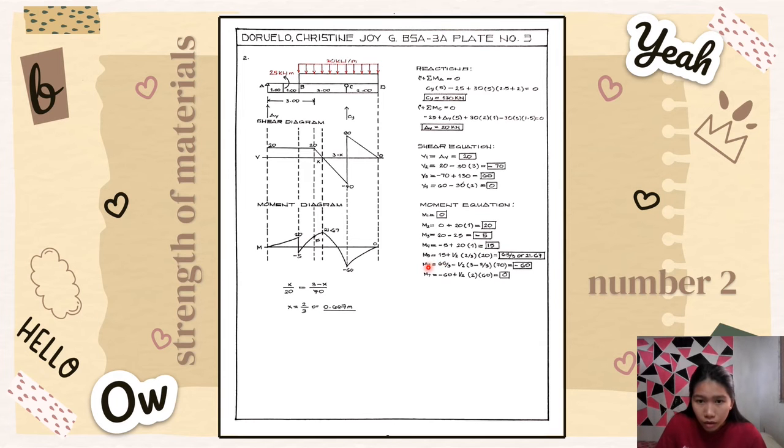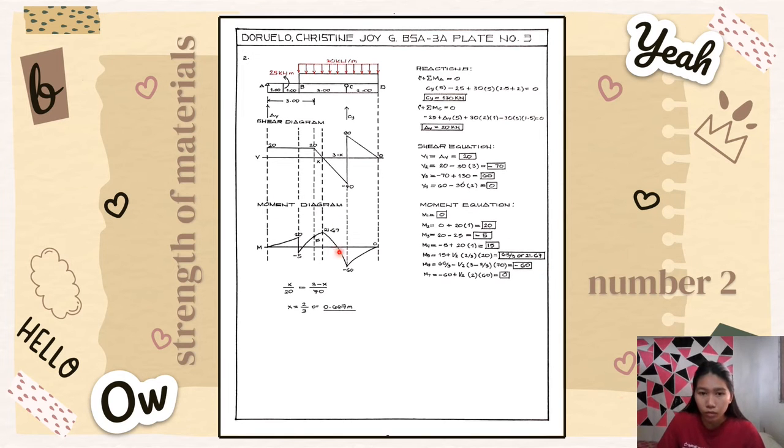And for moment 5 is equal to 15 plus 1 over 2 times 2 over 3 multiplied by 20, is equal to 65 over 3 or 21.67. We got 21.67 upward.